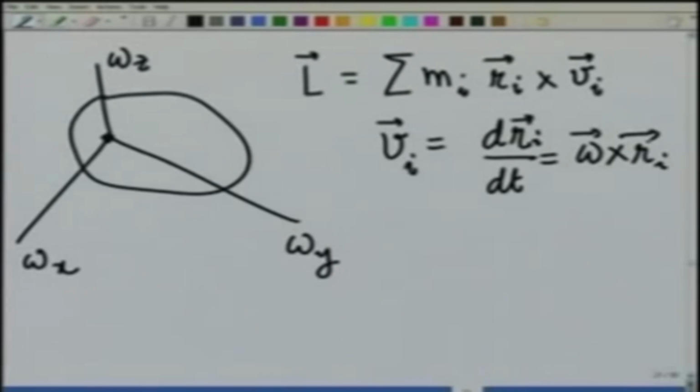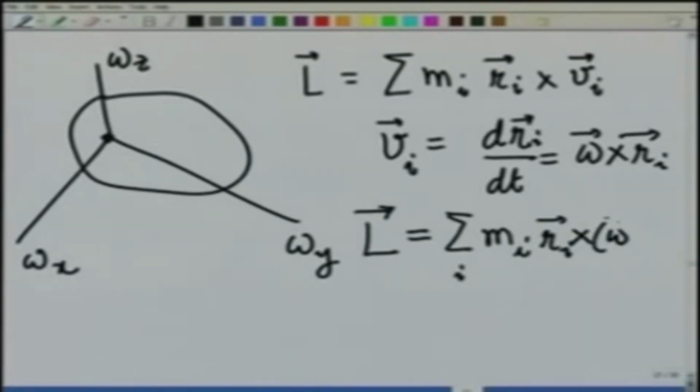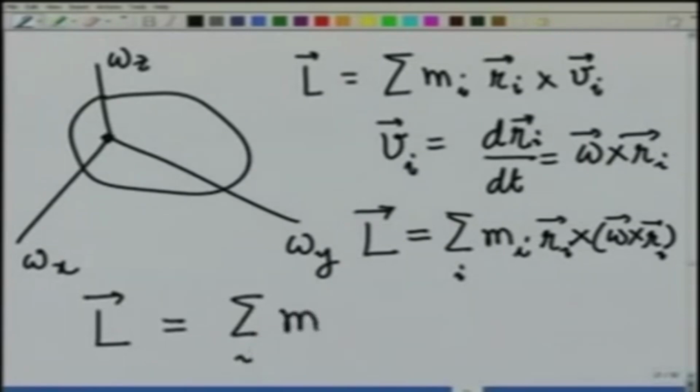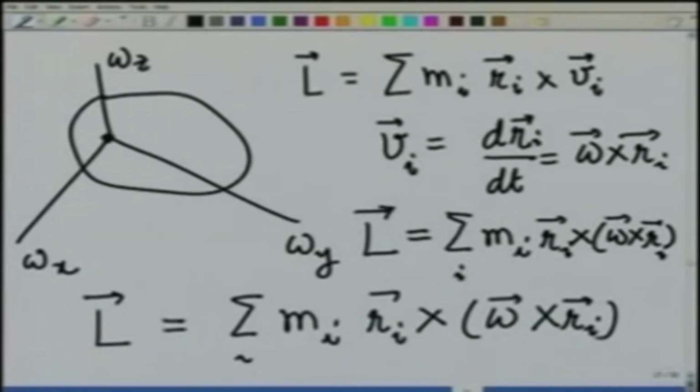Therefore the angular momentum vector L is equal to summation over i of mi Ri cross omega cross Ri. So, this is the general vector L, and this is what I want to evaluate now.